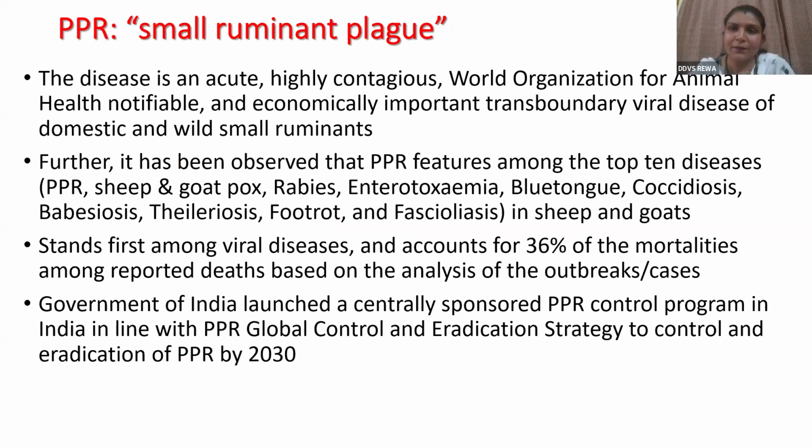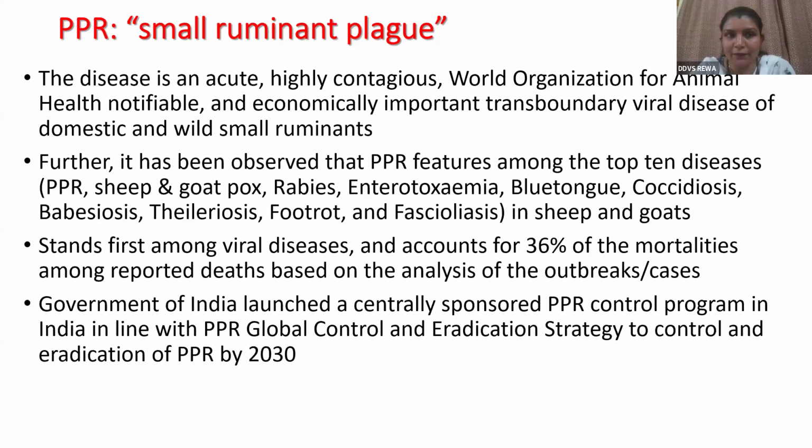So the first one is PPR, that is peste des petits ruminants, or small ruminant plague, because of its ability to cause high morbidity and its contagious nature. It generally occurs in an acute form, and it is highly contagious.